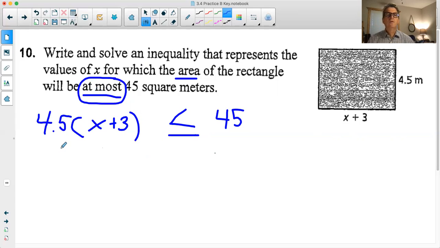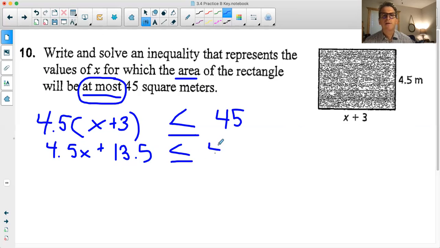All right, so moving on here, you just go to solve, you go 4.5 times x, distributive property, and then 4.5 times 3 would be 13.5, I believe. Let me just double check that. 4 times 3 would be 12. Then the 0.5 times 3 would be 1.5. So 13.5, less than or equal to 45.